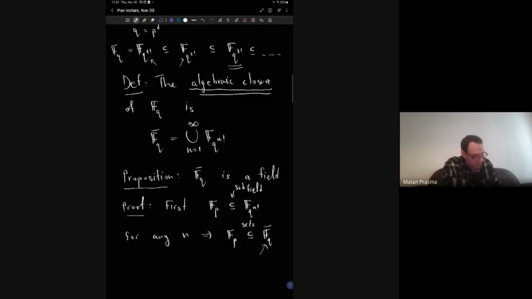But in particular, we set the zero element in F_q bar and the unit element in F_q bar to be those of F_p: 0 of F_p, 1 of F_p.